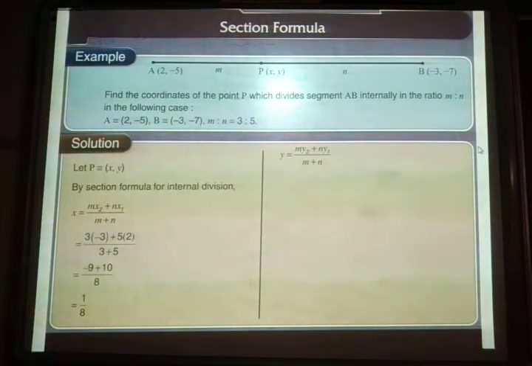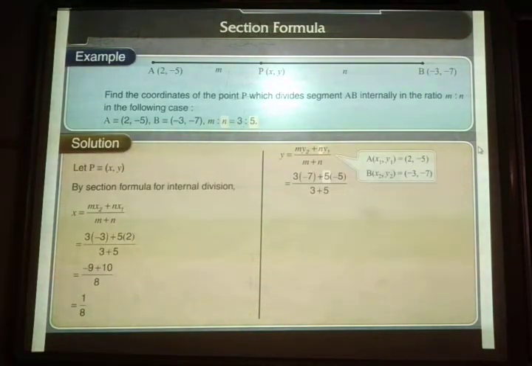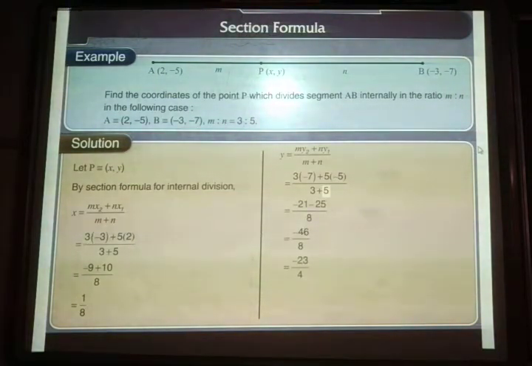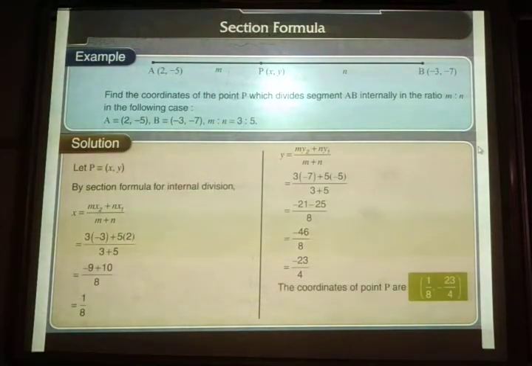Substituting the values, we get y is equal to (3 into -7 plus 5 into -5) upon (3 plus 5). This simplifies to -23 upon 4. The coordinates of P are 1 upon 8 and -23 upon 4.